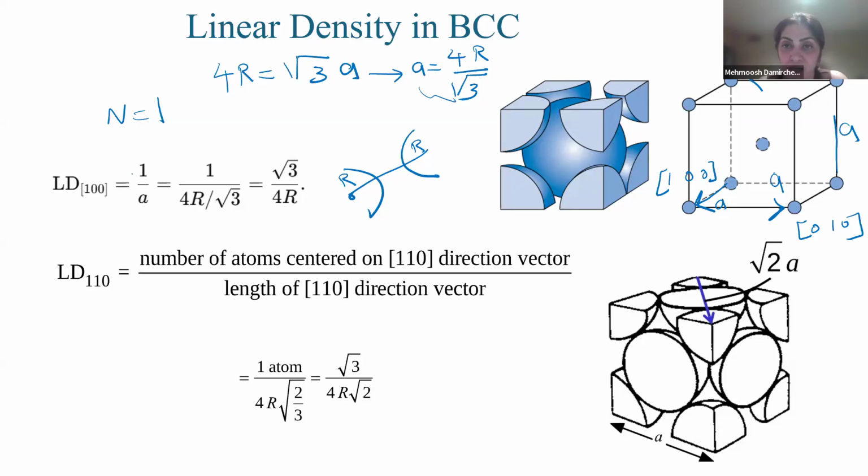Or this direction is 0, 0, 1. And that direction is 0, 0, minus 1. All of them belong to this family, the family of 1, 0, 0. You see that this is an angle bracket. Why? They belong to one family because, if you pay attention, for all of these directions the linear density is the same.